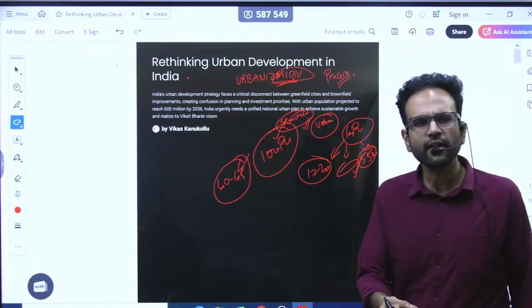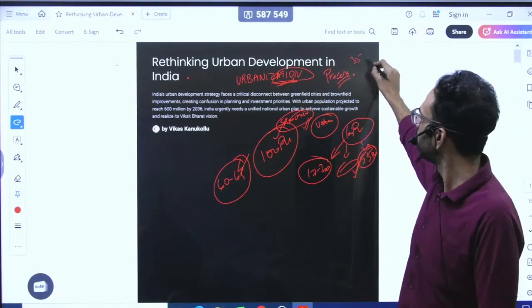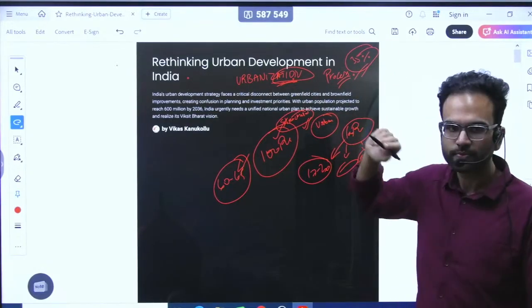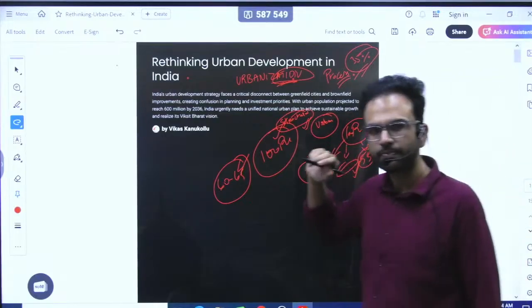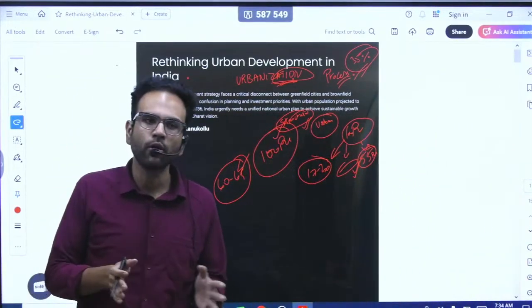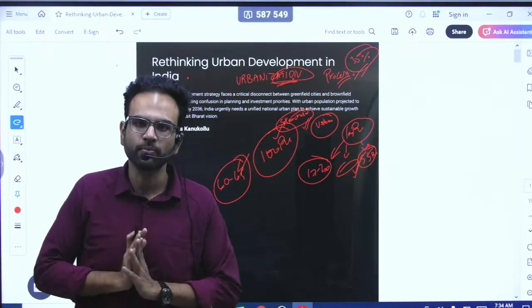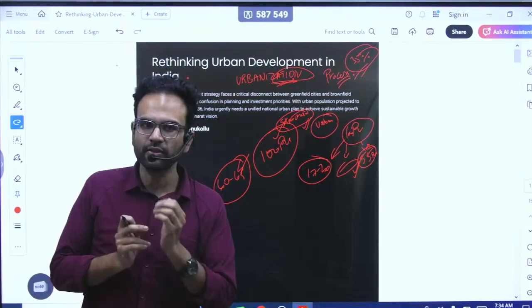And we are just at a population percentage where 35% of the people live in cities. How do we accommodate more people in such a way that it doesn't destroy the ecosystem? This is the challenge we have at this point of time.